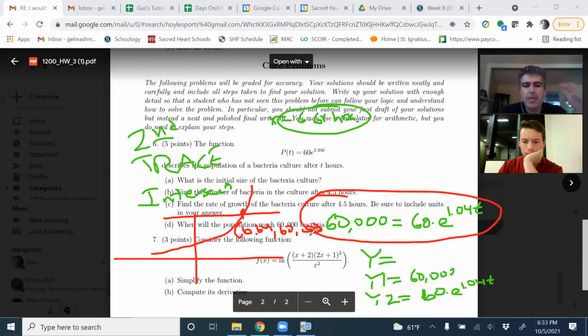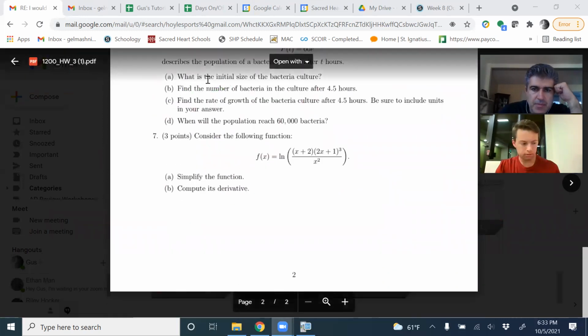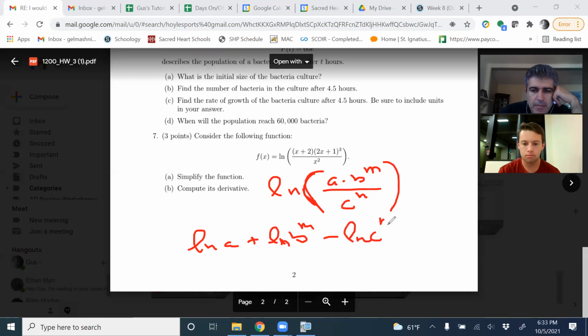Okay. Cool. Now let's look at 7. Simplify the function. You could actually break it up as several logs. Generally speaking, if you have something like this here, then you can write it as log A plus log b to the n power minus log c to the n power.